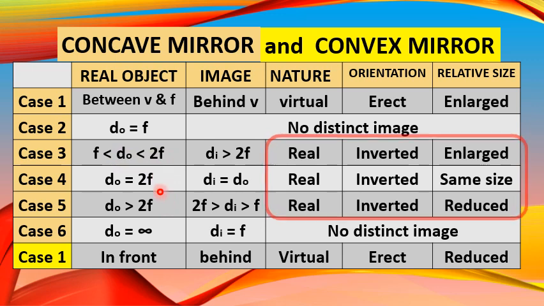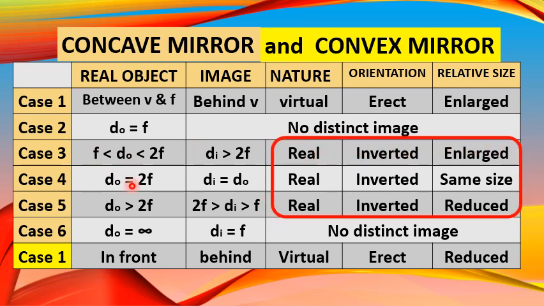So when the object is located between the focus and the center, then we expect that the image will always be real and inverted, and it is enlarged. When the object is exactly equal to twice the focal length, then that means the image is also real, inverted, and has the same size as the object.